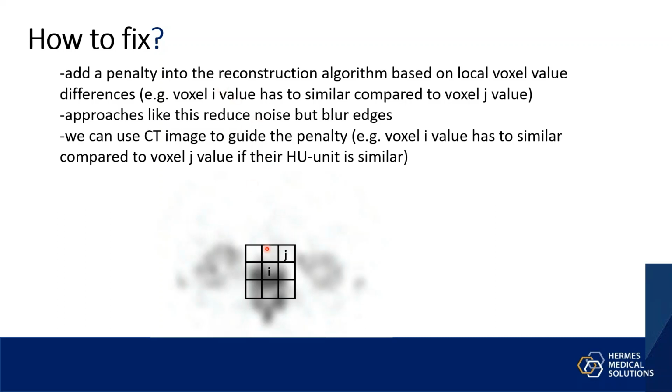We can, for example, assume that the value of voxel I should be similar to the value of voxel J, because noise appears in NM images as noise spikes. So very high individual voxel values or very low individual voxel values when you compare to the neighbors.